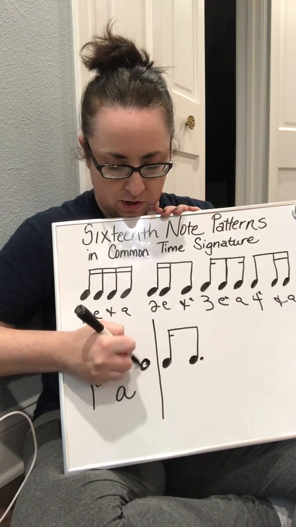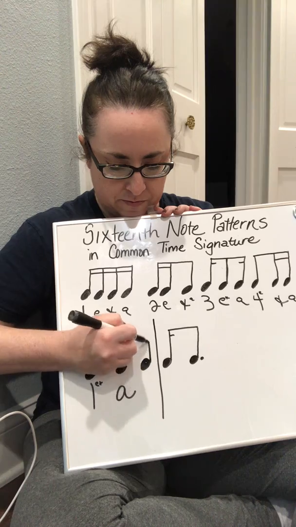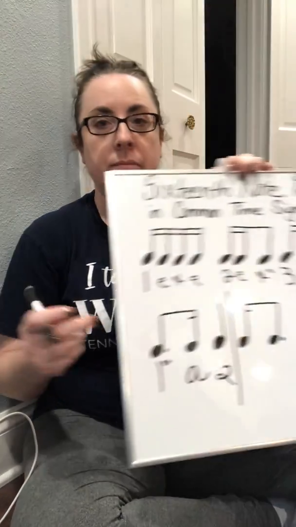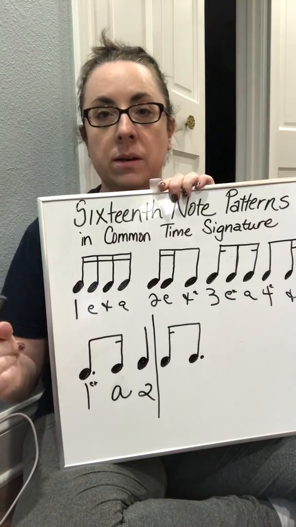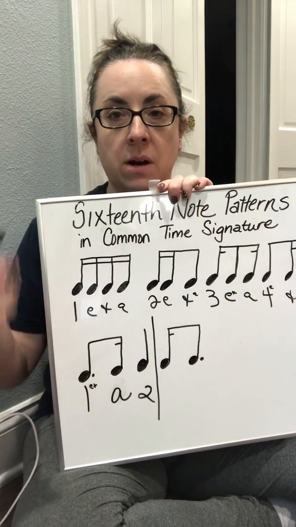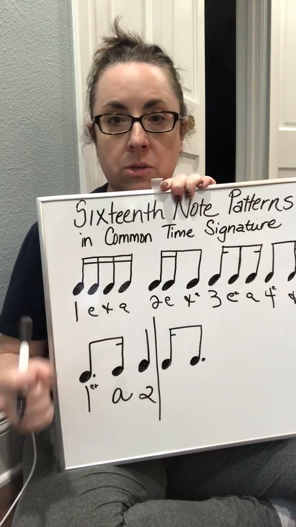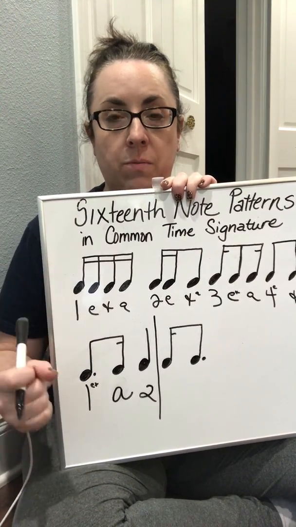I'll draw one in for you on the fly. So 1 a 2, 1 a 2, 1 E and a 2, 1 a 2. Count it with me. Ready and count.